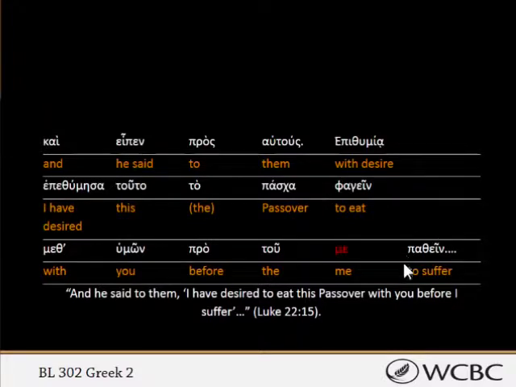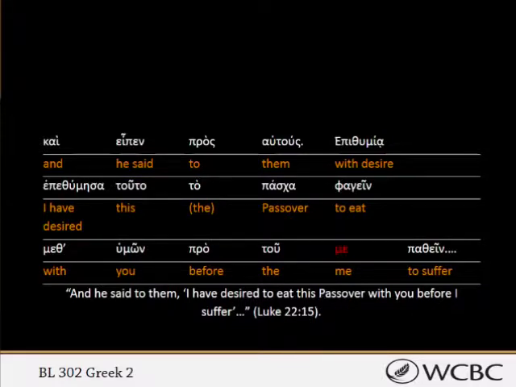And as we have our infinitive, we have our subject, in this case me. Now if you remember, me is the accusative form of that personal pronoun, the first person personal pronoun. And so that's acting as the subject. We would translate this last part, I have desired to eat this Passover with you before I suffer.